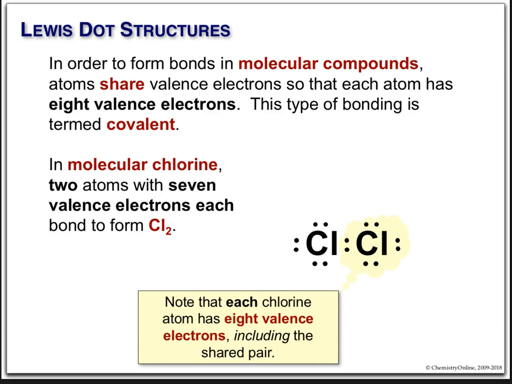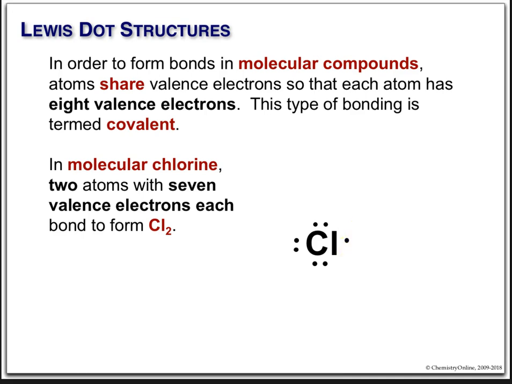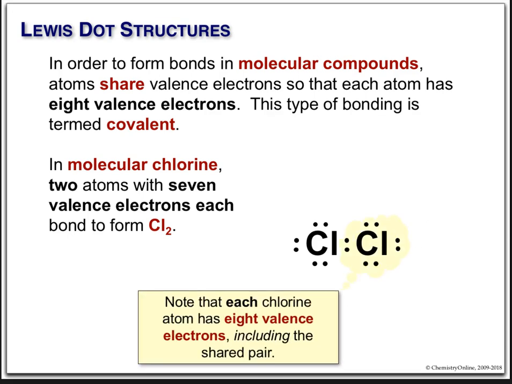The electrons that are unpaired pair up. Let's undo that if we can. There it comes. They pair up. Now, if you look at the electrons around this chlorine, how many do we have? 2, 4, 6, 8.